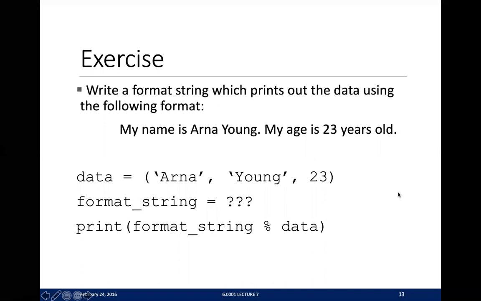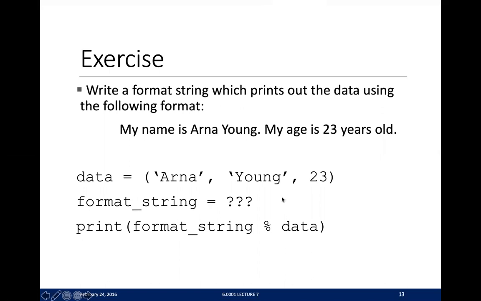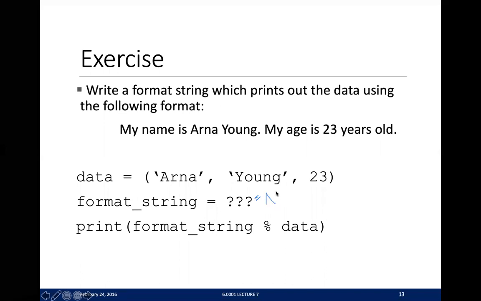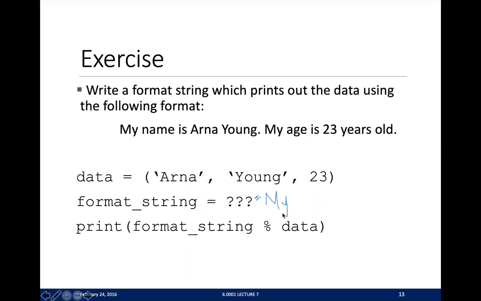So what is the format string? It should be my name is... No. So what we need to do is to say I have 3 things that I want to replace in the string: first name, last name, and age.